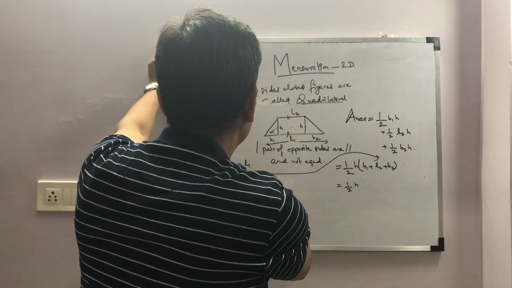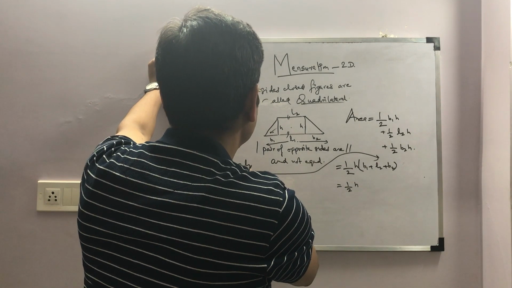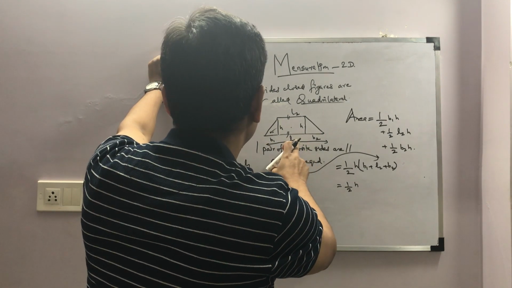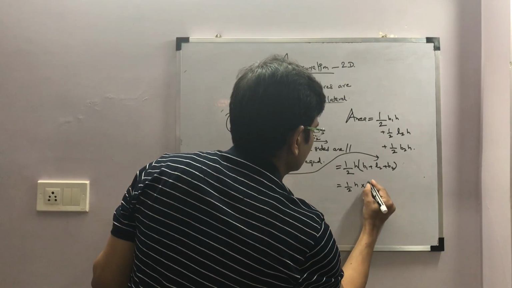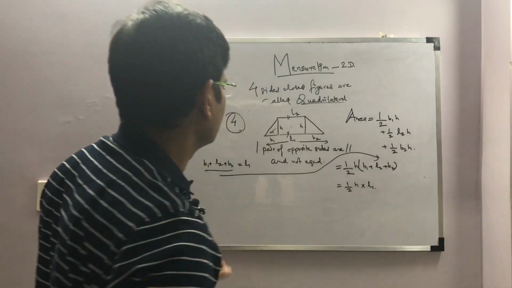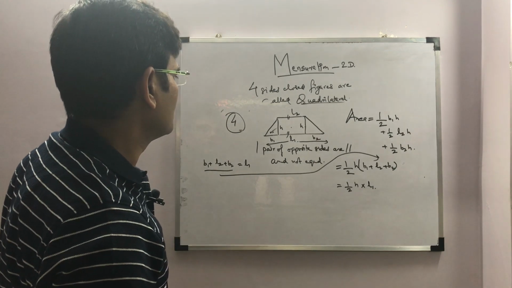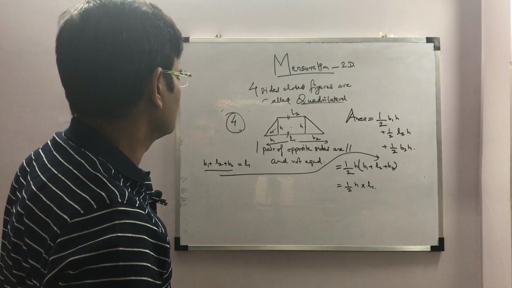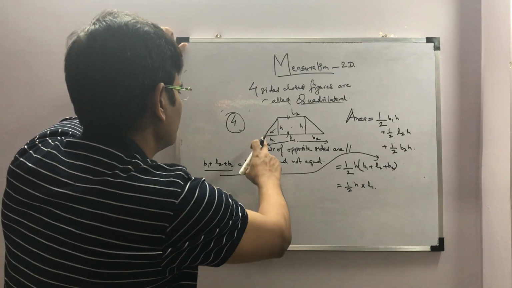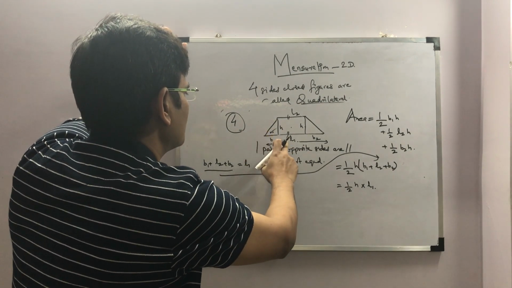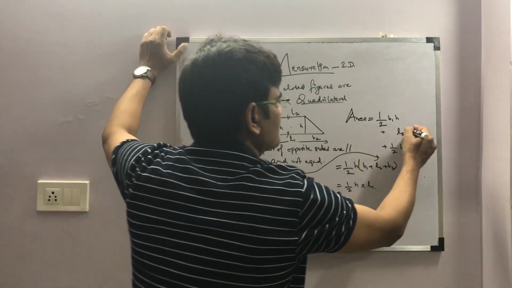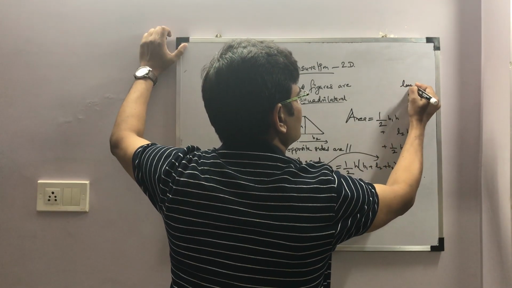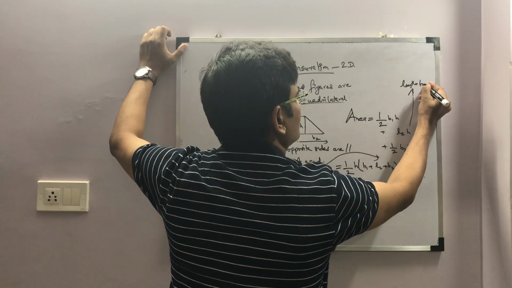B1 plus L2 plus B2 is L1. I made some mistake. Half base into height. This one is not half, sorry. This is length into breadth, right? Length into breadth.